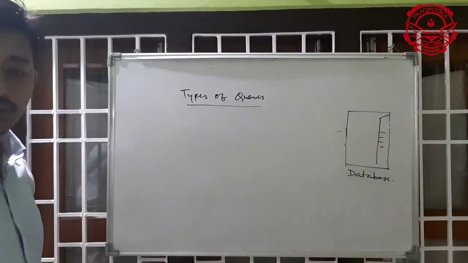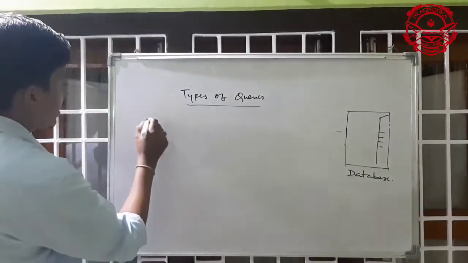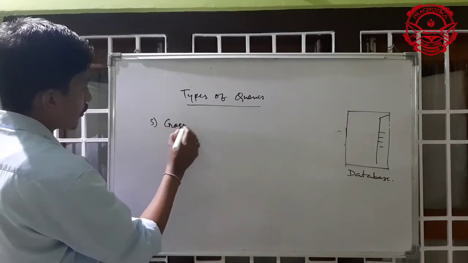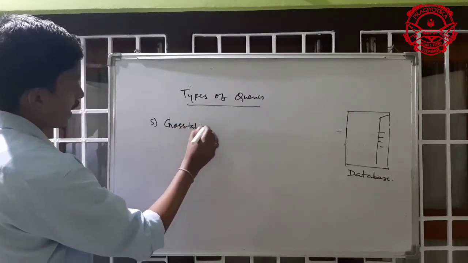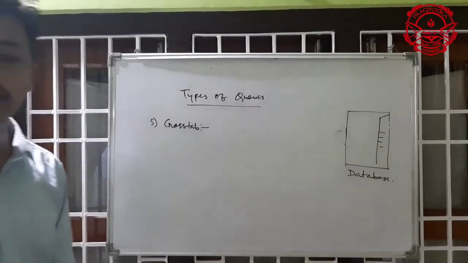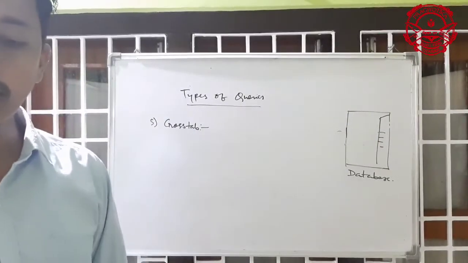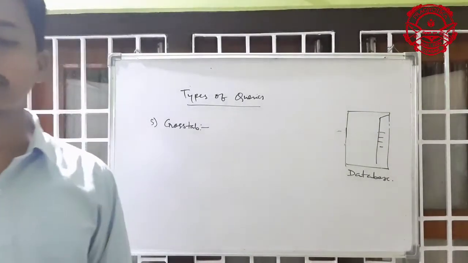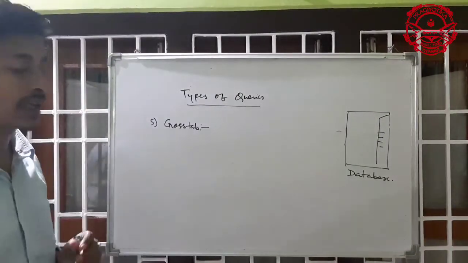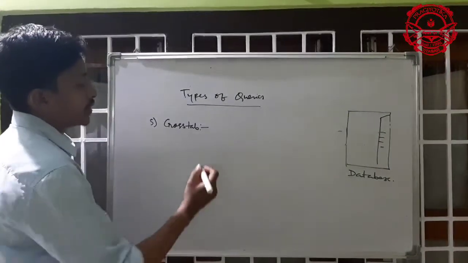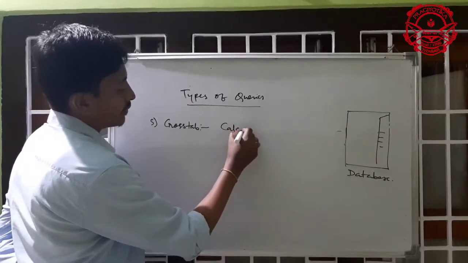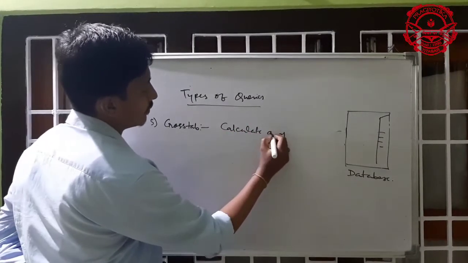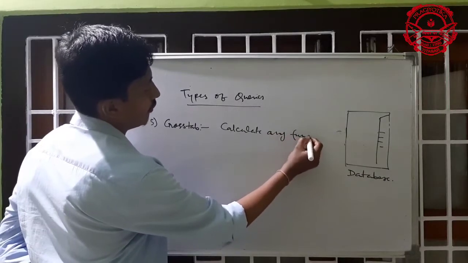I think number 1, 2, 3, 4, 5. Okay. Number 5, cross tab. In the book you can see this query calculates the aggregate function, that is count, sum, average, etc. Cross tab means you can calculate any function.